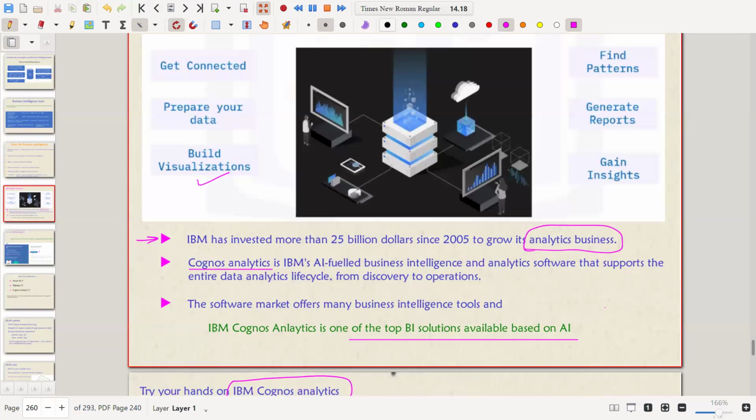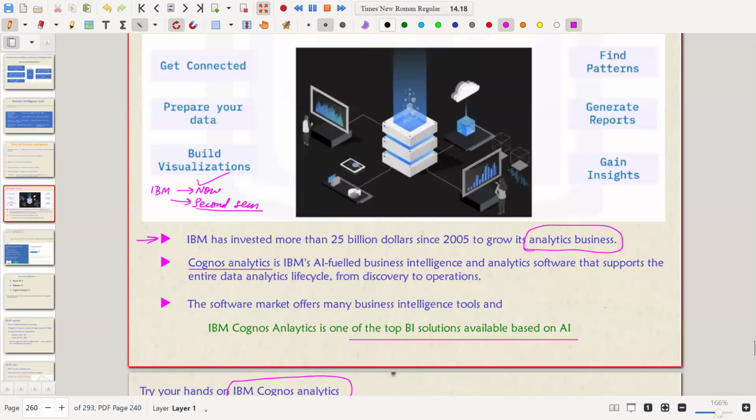Since IBM Cognos Analytics uses AI-based analysis, I suggest you come back to IBM Cognos Analytics during that course. This is the time where you are seeing what is going to happen in the next semester. So try to understand IBM Cognos Analytics now and also in the second semester.